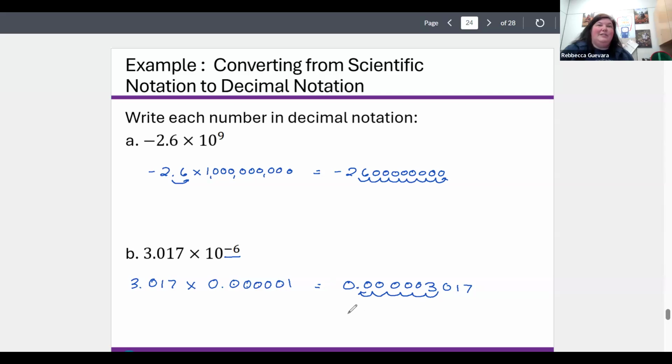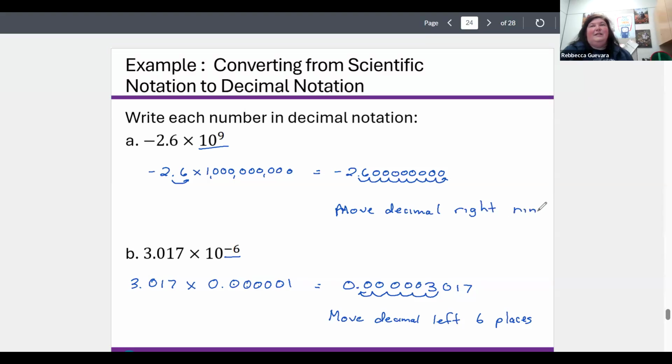So if it's a negative 6, we move the decimal left 6 places. Here we had a positive 9, we move the decimal right 9 places.